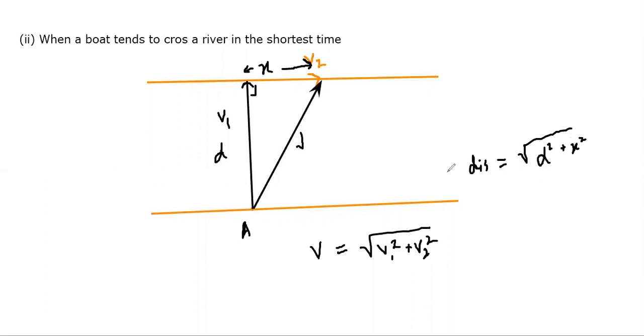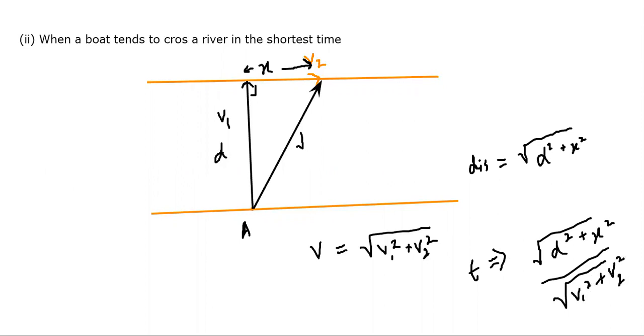Now, if you want to calculate time, in this case, time would be distance by speed. So distance is under root D square plus X square, divided by under root V1 square plus V2 square.